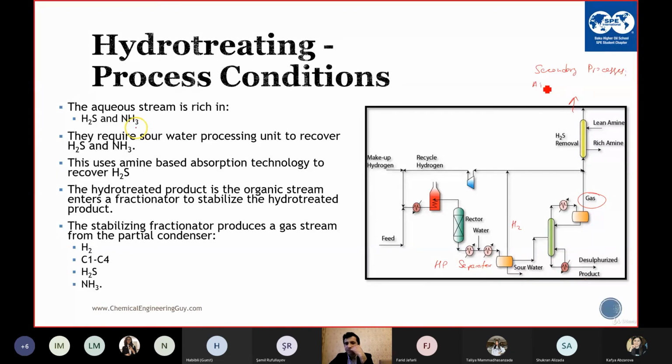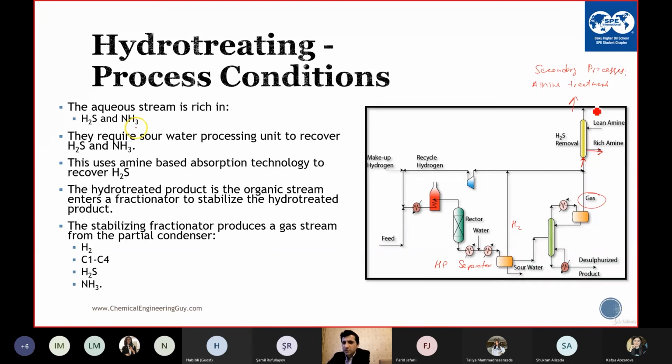It is the amine treatment. What happens here? You have the gas from bottom, it goes up, and lean amine is fed to the column. Lean amine dissolves the H2S, and then leaves the column.